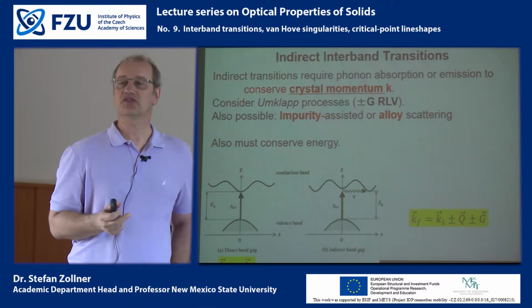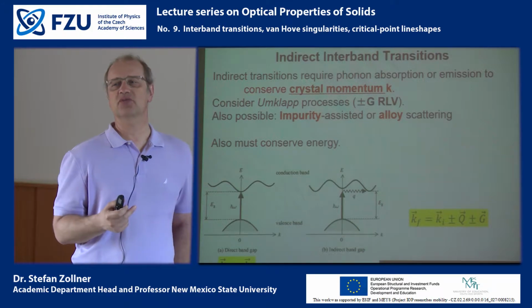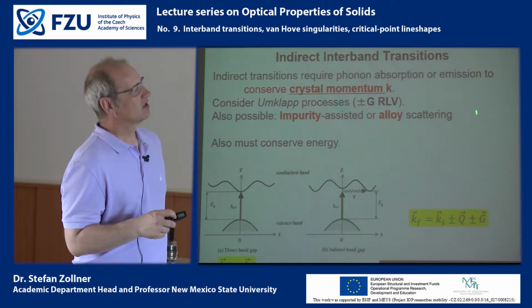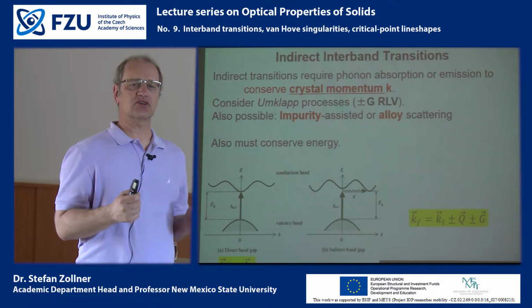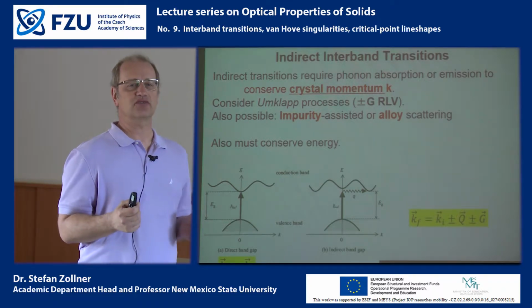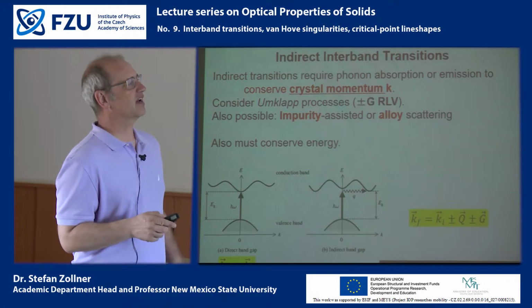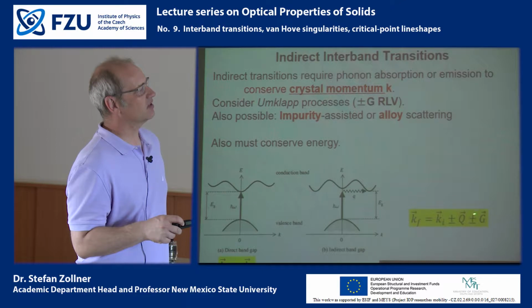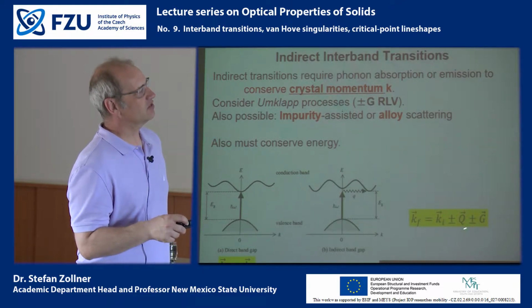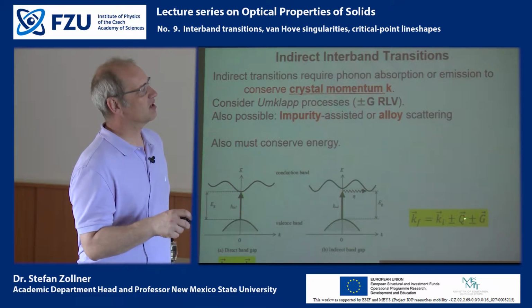which helps us to conserve momentum. Now there is a difference between momentum and crystal momentum. Crystal momentum means that two wave vectors are identical if they only differ by a reciprocal lattice vector. So we also need to take into account that perhaps the initial and final state, plus or minus this momentum-conserving second process, differ by a reciprocal lattice vector.